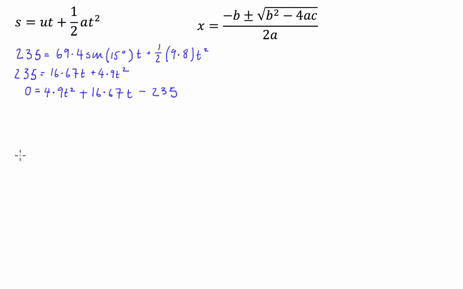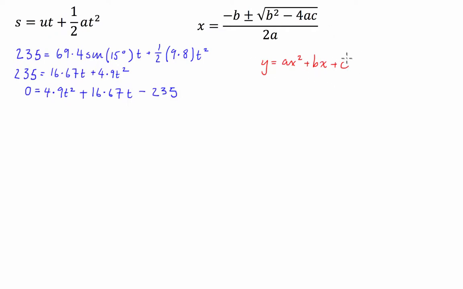Great. Now I have my equation in this quadratic trinomial form, and I can use the three coefficients to enter into my quadratic formula. Hopefully you've seen this formula before, but for those that haven't, A, B and C all refer to coefficients in the quadratic trinomial. The basic form of a quadratic trinomial is y equals ax squared plus bx plus c. So A, B and C are the coefficients on each of the terms.